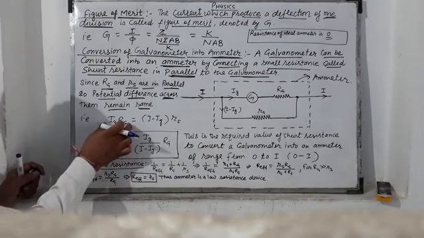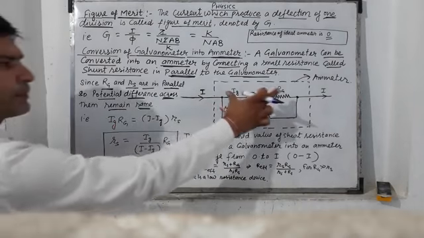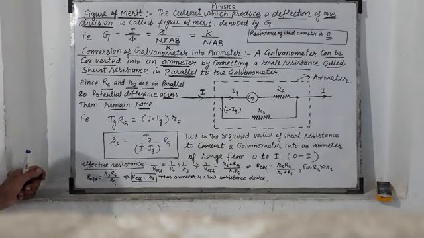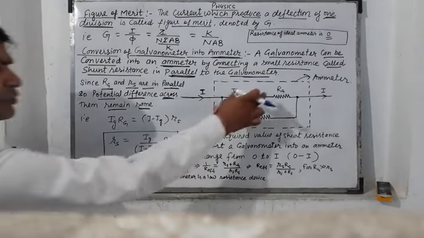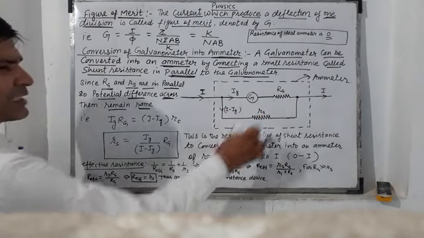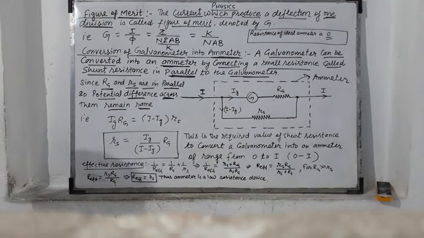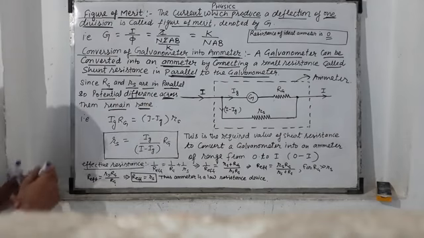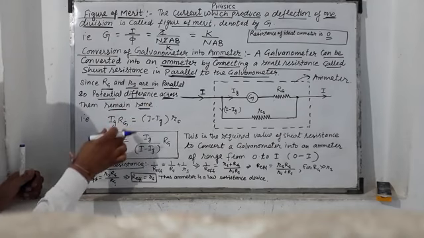So IG RG is the potential across the galvanometer and I minus IG RS is the potential difference across the shunt resistance, but both are equal.